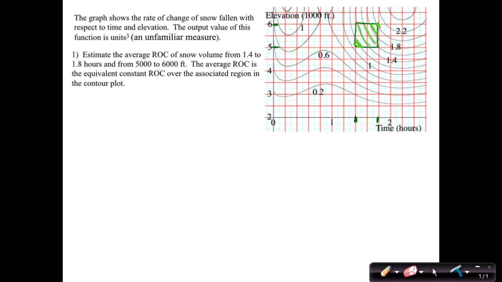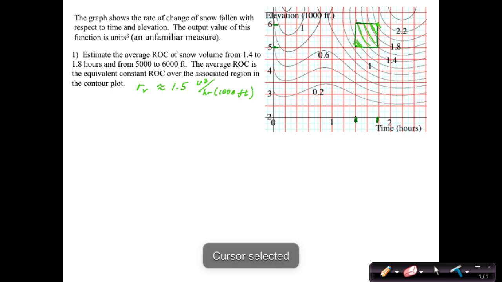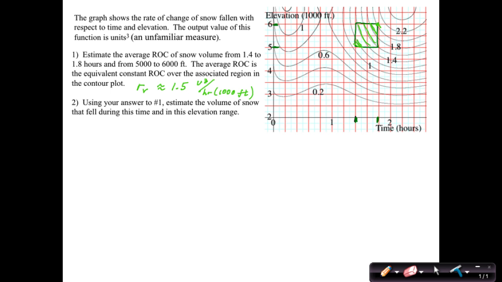All right, so we estimate that the R sub V is approximately 1.5, and that's going to be our units cubed per hour per 1,000 feet. And so we can use that then to estimate the volume of snow that fell during this time and during this elevation range.